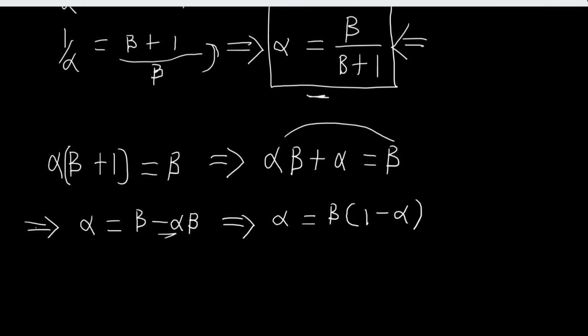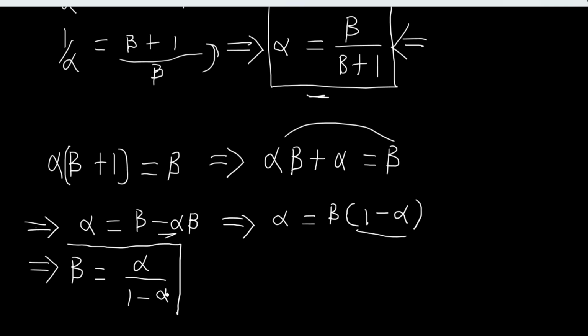Now, dividing both sides by this value, we have that beta is equal to alpha over 1 minus alpha. So this is our expression in case alpha was given to us, to get beta. This expression will come in handy at that point.